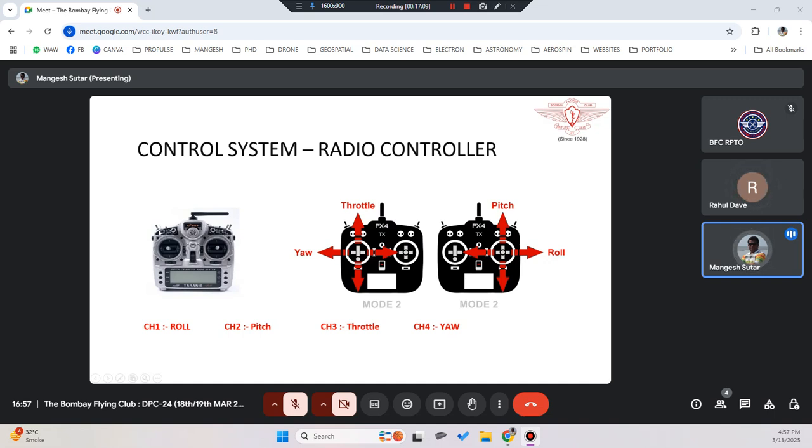Apart from these 4 controls, I can configure the other controls and switches for specific purposes or requirements. For example, say you have a drone with a box below it filled with flowers, and at a particular position you took that drone over the head of a wedding ceremony and you just want to open it.